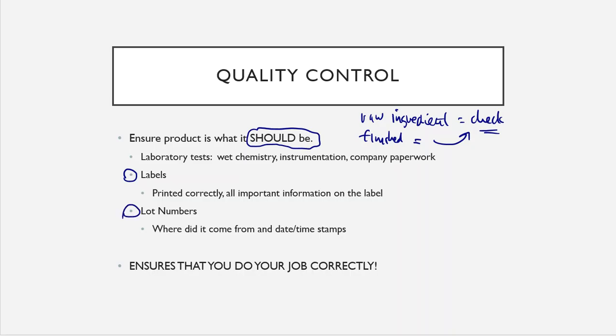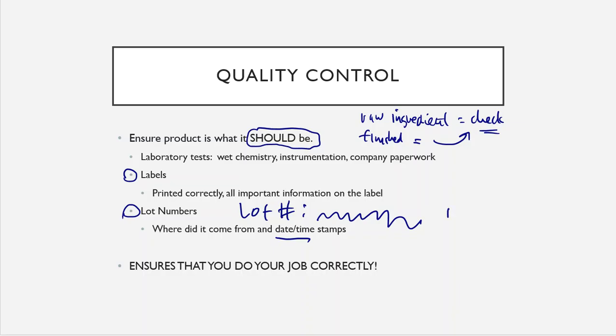Next up are lot numbers. So lot numbers are a great way to really kind of track down and map out where these products have started and where they end up. So a lot of times you will find date stamps, you will find time stamps that are embedded into the lot numbers, and on the product it will sometimes say lot number, and then the number.